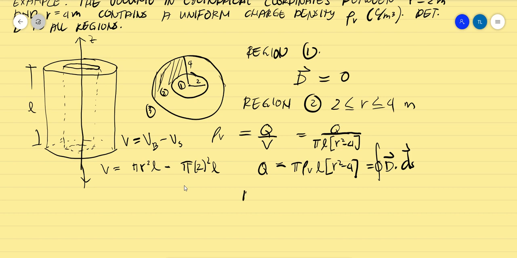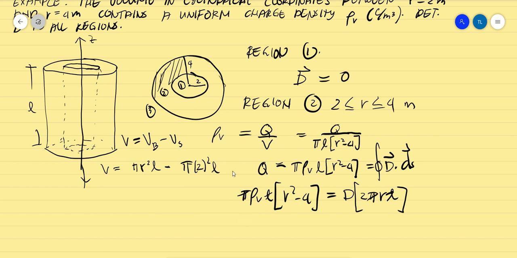So we can now solve: pi rho v L times r squared minus 4 will be equal to, since the angle between them is 0, we just take the magnitude times the total surface area, which is the circumference 2 pi r, multiplied by the length L. Then we can cancel out L and cancel out pi.